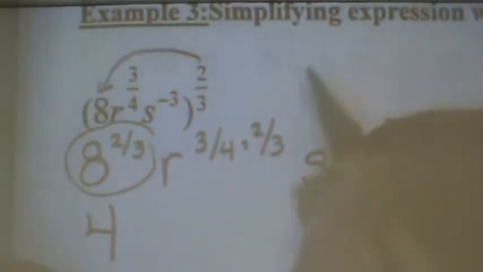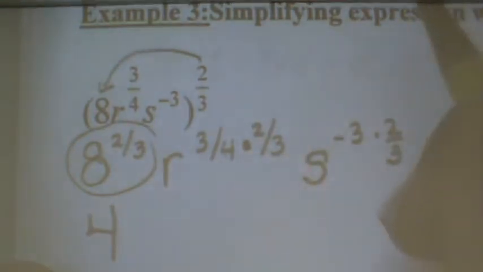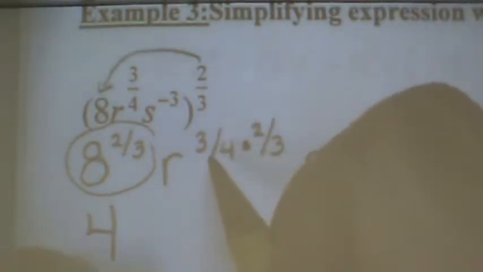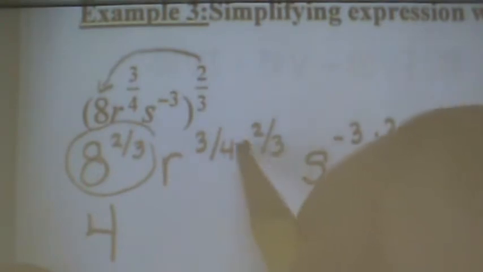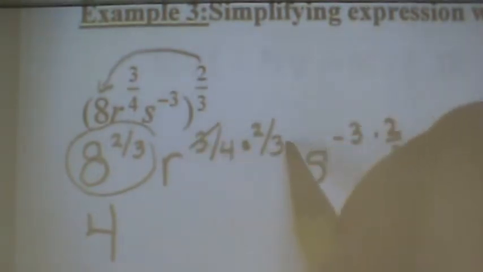So now I'm asking you the same problem, but the 3/4 and the 2/3. Multiply these two. So these 3's cancel, and 2 goes into 4 2 times, so you have r to the 1/2 power.